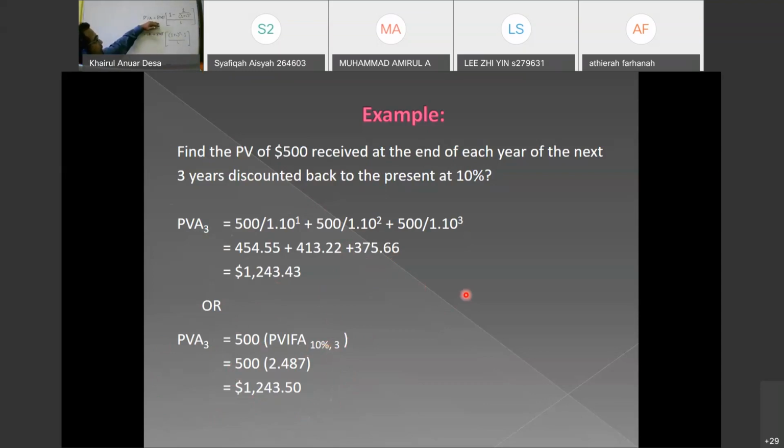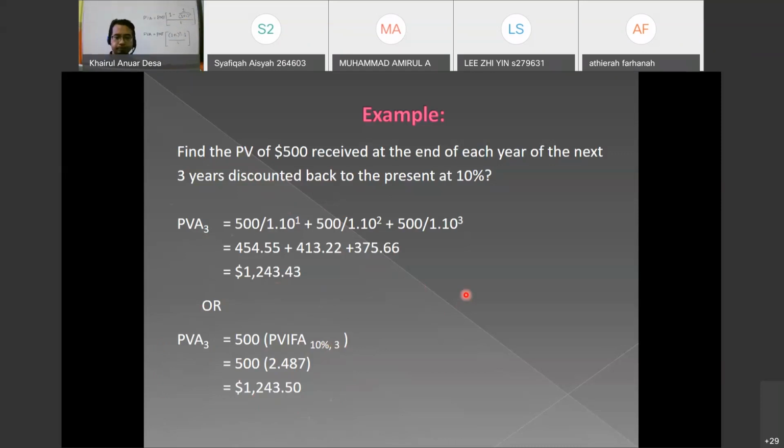Okay, present value annuity, just plug in the figures in the formula. So 1 minus 1 over (1 plus i) to the power of n, over i. So i here is 10% for the 3 years.